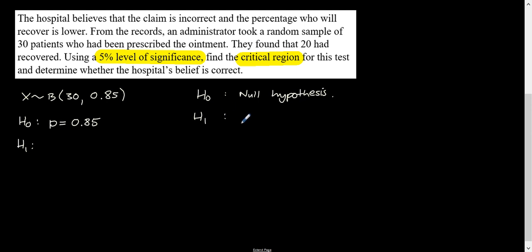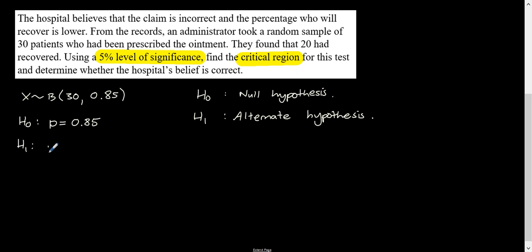Now, opposite to that, we have what's called the alternate hypothesis. And this is the hypothesis that actually, no, that percentage is incorrect. And so we have to describe that in terms of the probability. So the alternate hypothesis is, do you know what? Something's different. We want to test that.